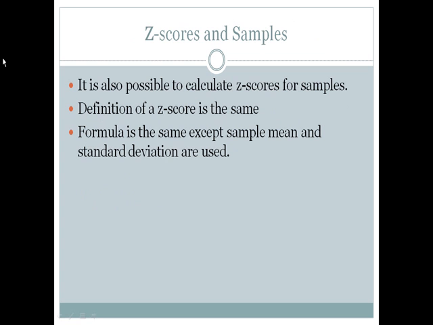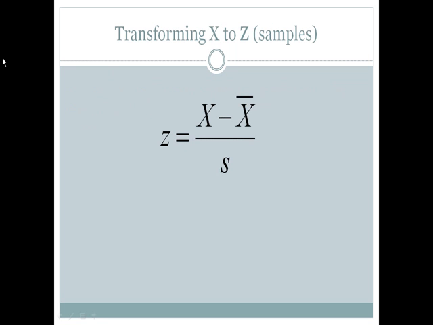The definition of the z-score for a sample is the same, except we are using the sample mean and sample standard deviation instead of the population mean and population standard deviation. Remember, this formula reads z equals the score minus the mean of a sample divided by the standard deviation of a sample. So we don't have to change the formula. We can do the same thing with samples.